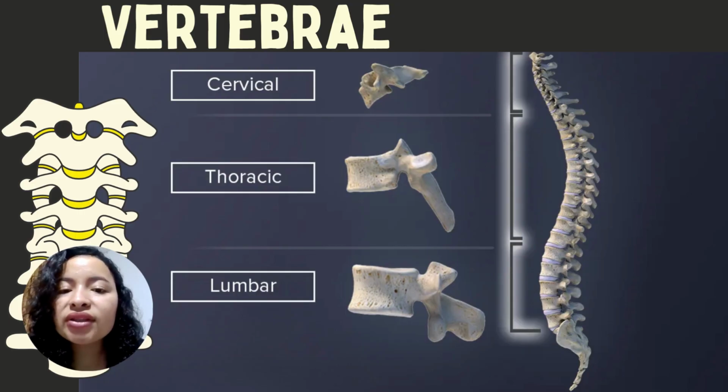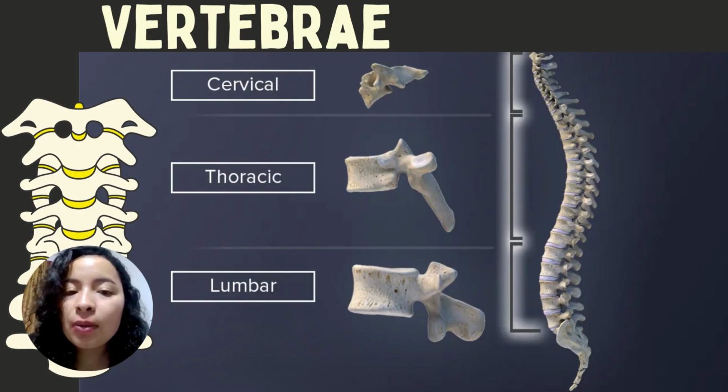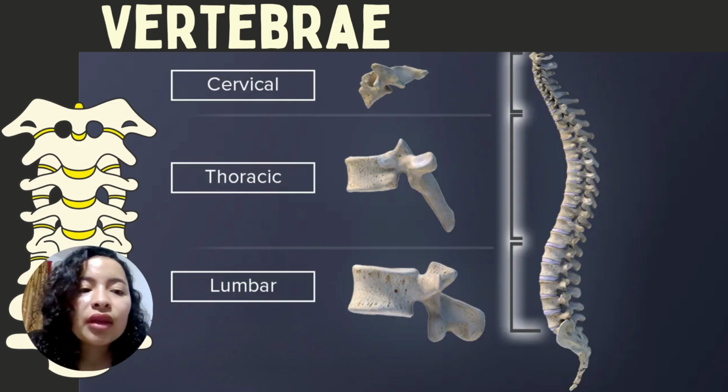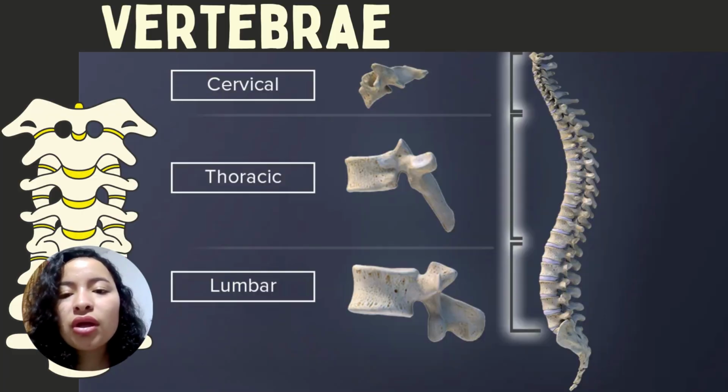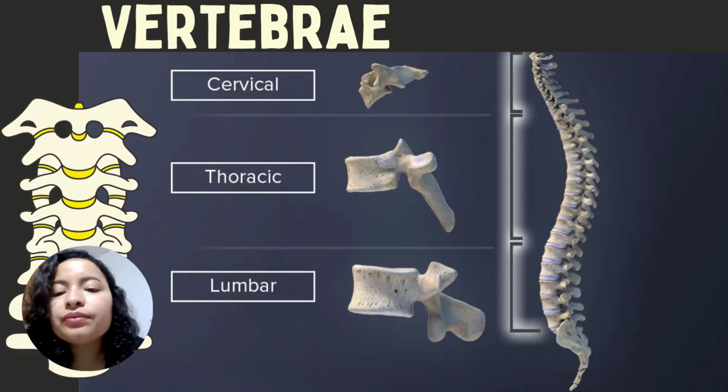How many vertebrae do we have? The spine consists of 33 vertebrae in total, divided as follows: cervical vertebrae 7, thoracic vertebrae 12, lumbar vertebrae 5, sacrum 5 fused bones, coccyx 4 fused bones.